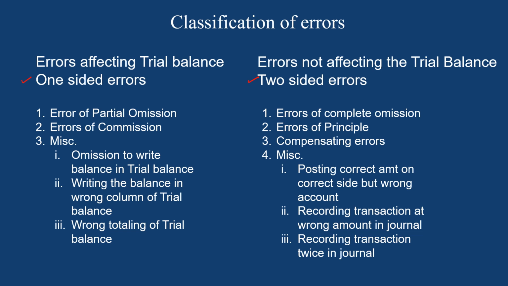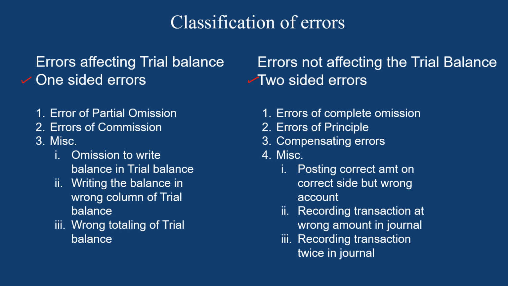From the ledger book, while you're writing the trial balance, you forget to write one of the ledger accounts which has a balance, or instead of a debit balance amount, you write it in the credit column, or a credit balance account being written in the debit column, or wrong totaling of the trial balance. Totaling, if you make a mistake. These types of errors will come under the one-sided errors.